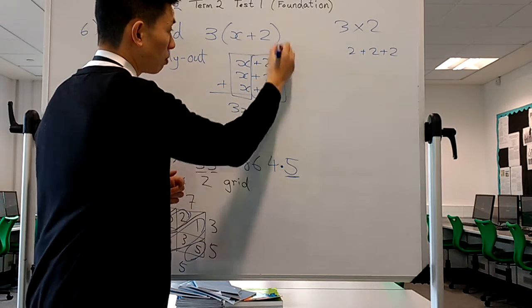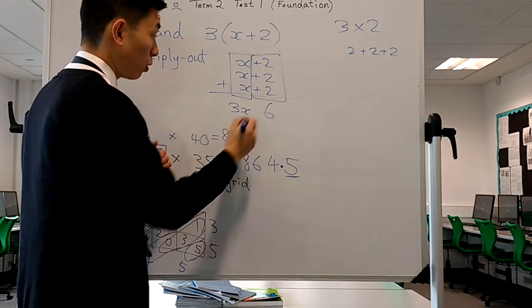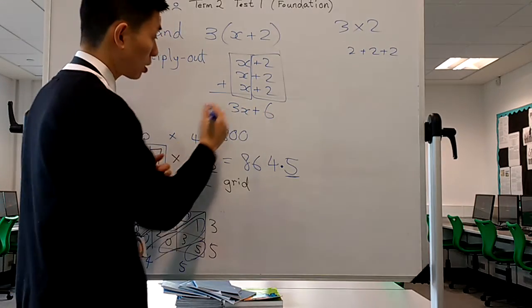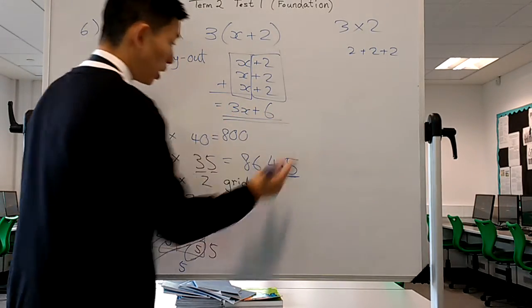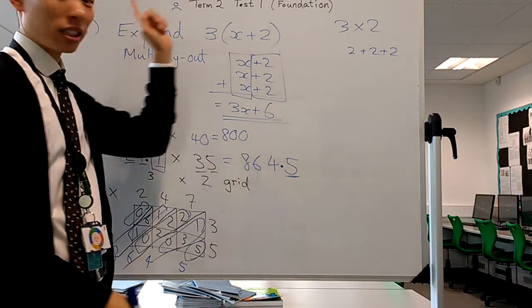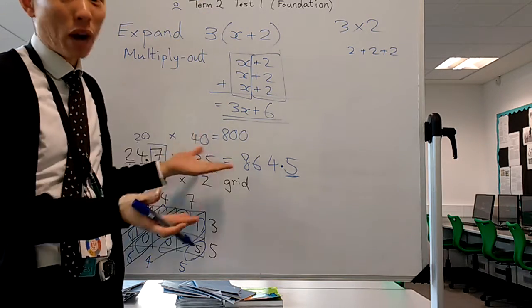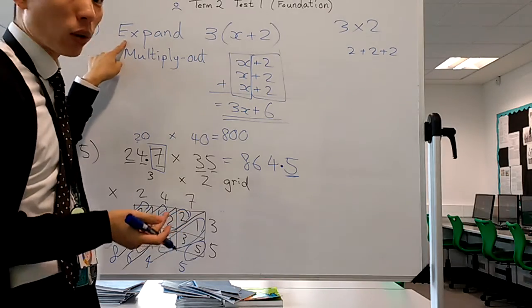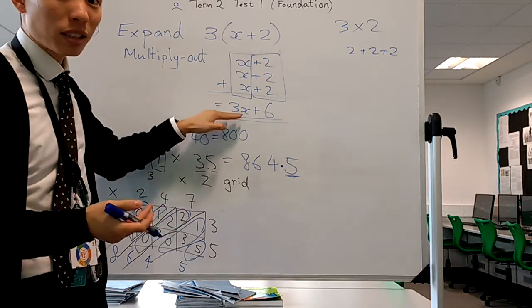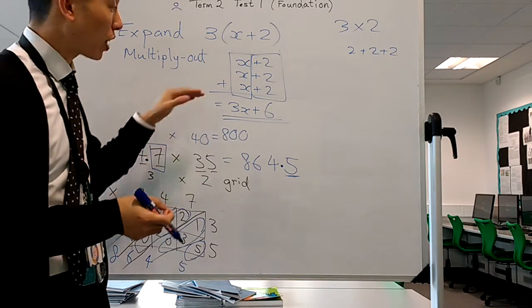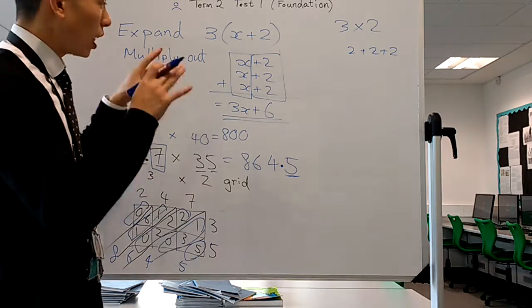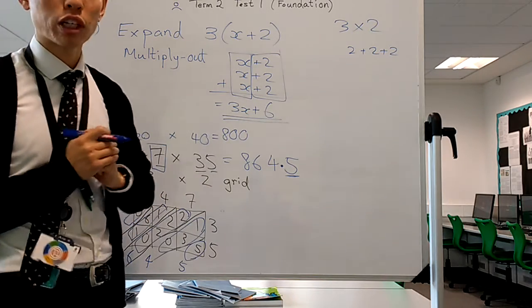There are 6. So therefore, it's 3x plus 6. And that is what it's asking you to do, is to multiply it out so that it's got no bracket. So when you do any question involving expand, the answer should have no brackets. If there is still a bracket, then you must continue to expand.